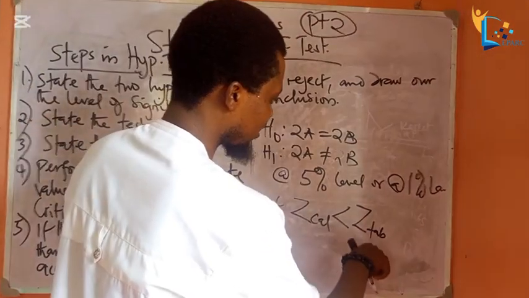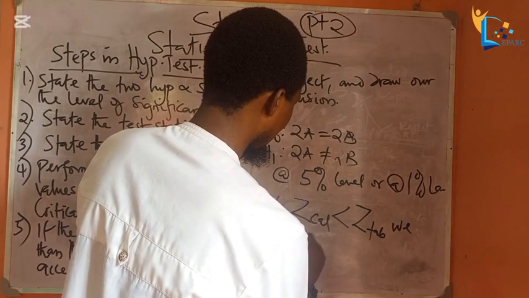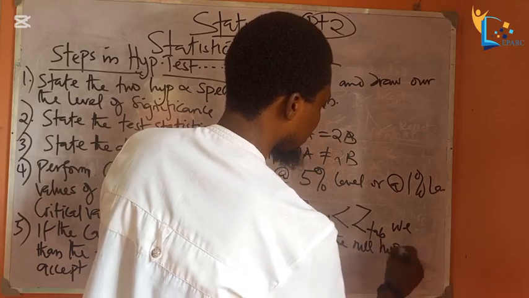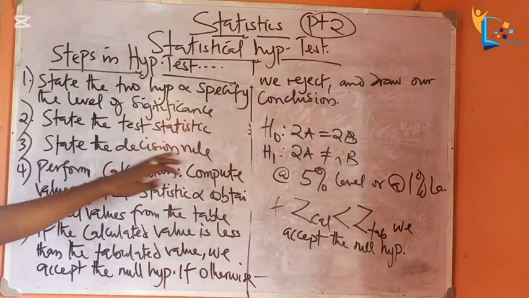So if this is less than this, we accept the null hypothesis. We have stated our decision now.